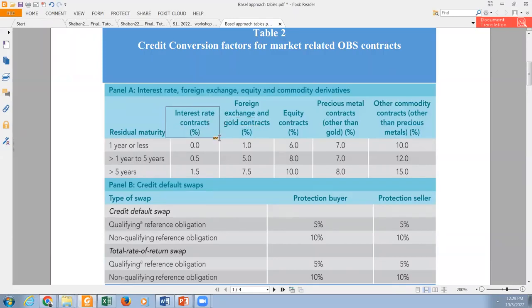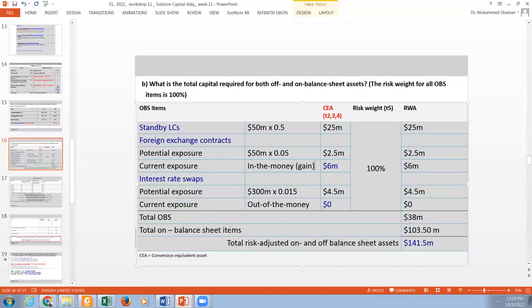I understand it's here. Now when I identify this, I need to identify how many years. They told me it is 6 years. So my friend is here, 1.5%. So I will go and put the 1.5% as potential exposure.